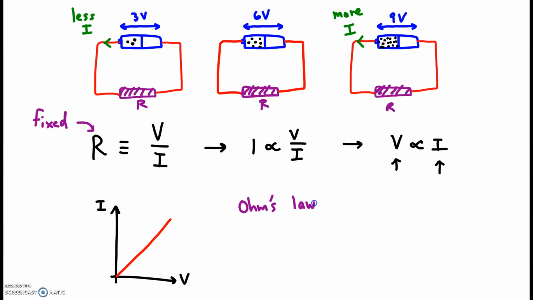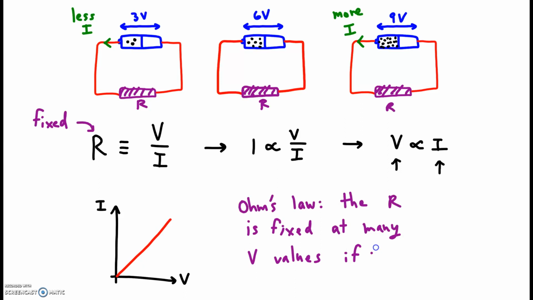Ohm's law states the resistance of a device is fixed at a wide range of potential differences if temperature stays constant.